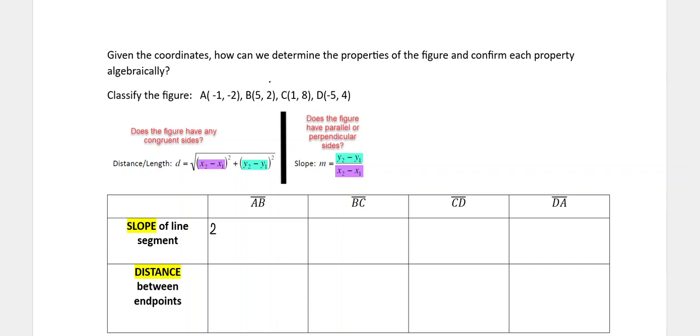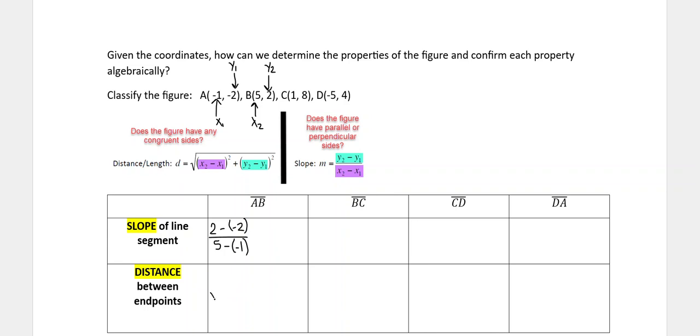Y sub 2 is my second y value for point B, and y sub 1 is my first y value for point A. So 2 minus negative 2, divided by x sub 2, the corresponding x value for B, which is 5, minus x sub 1, which is negative 1. And that's the computation we would use for the slope formula.